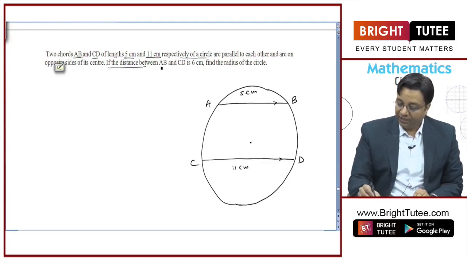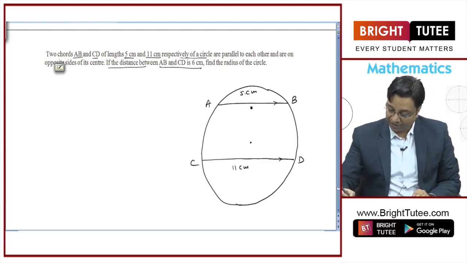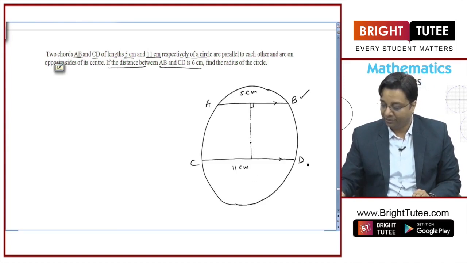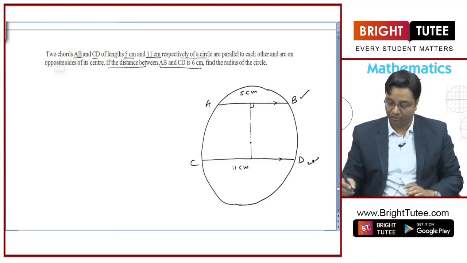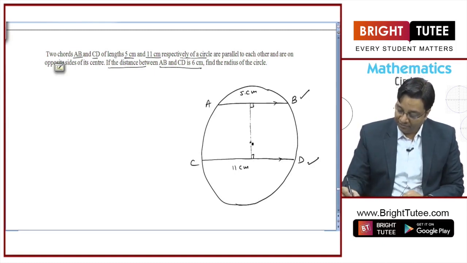The distance between AB and CD is 6 cm, so let me draw a line passing through the center which is perpendicular to both the chords. If a line is perpendicular to this chord, it will automatically be perpendicular to this chord because these are parallel chords. So this angle is also 90 degrees, and this being the center, let it be OM and ON.